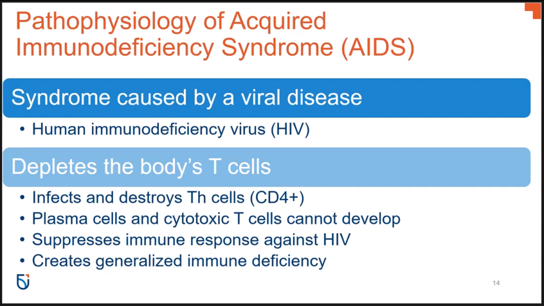So HIV then suppresses the immune system, and if it's not controlled and if it continues to get worse, then it can secondarily create this generalized immune deficiency by suppressing the development of other immune responses against other pathogens and other microorganisms that enter the body. So if it's not controlled, then it leads to this generalized immune deficiency, which is called AIDS.